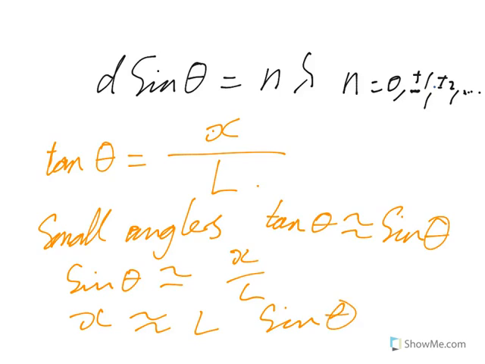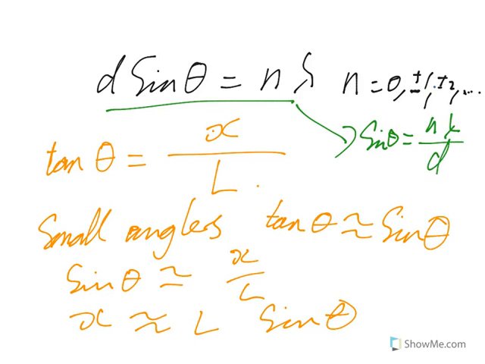Now, sine theta from up here with this first one, I could say that sine theta would be n lambda over d.